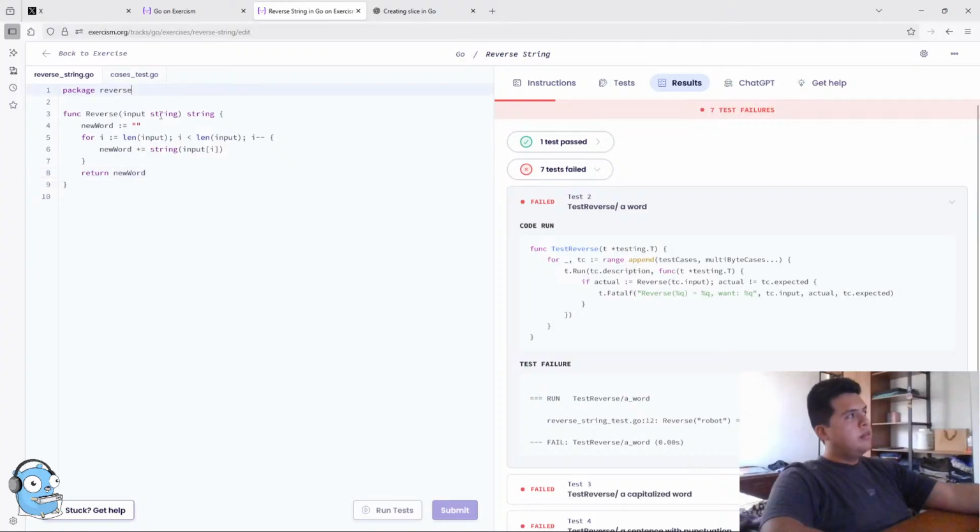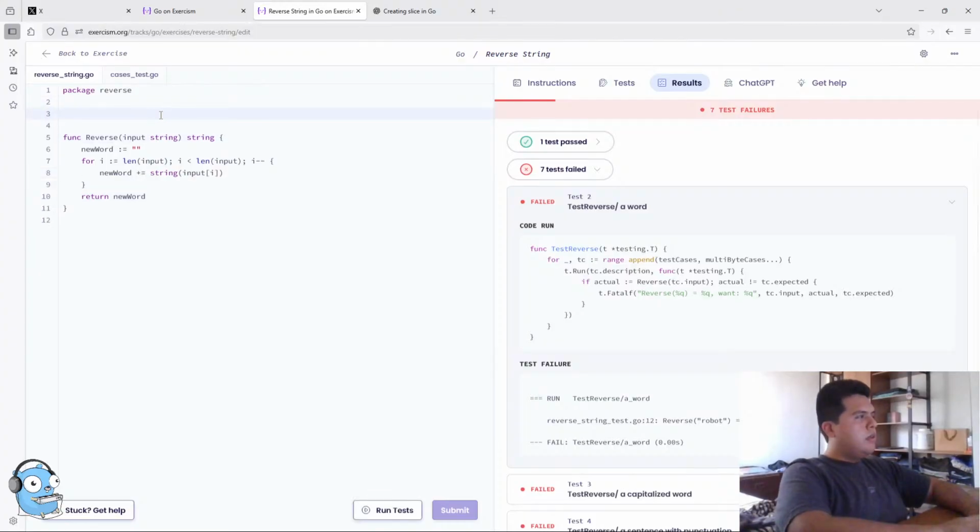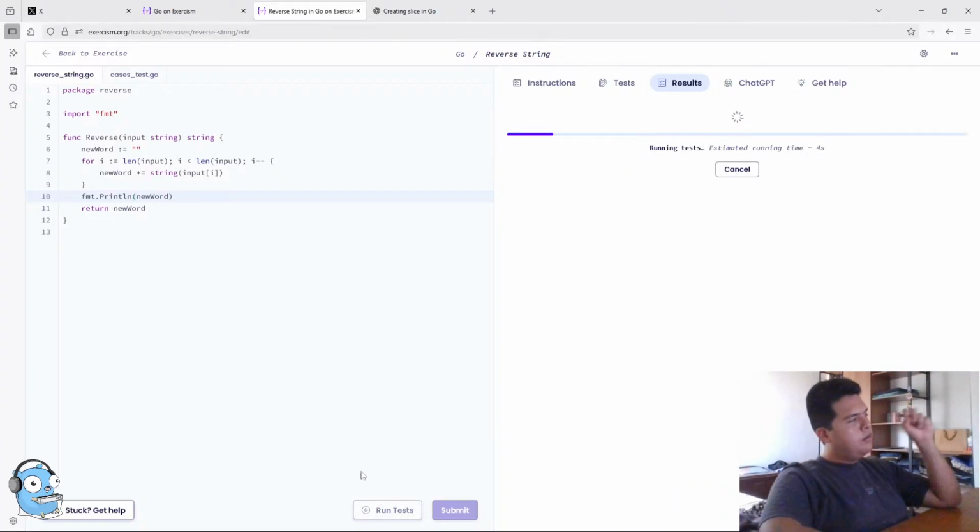Reverse from, okay. Import fmt, and fmt equivalent new word. Okay, I assume that I don't do anything.